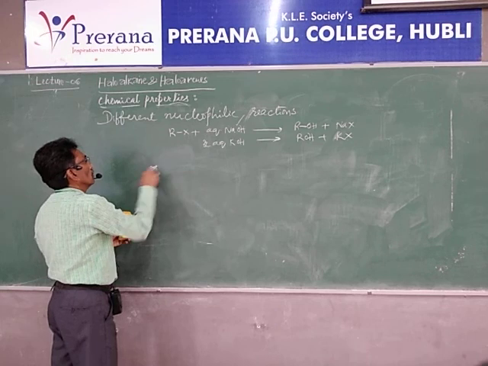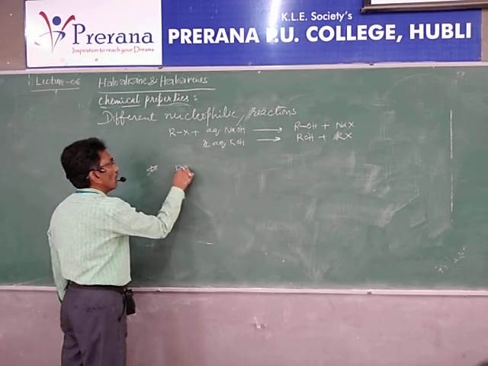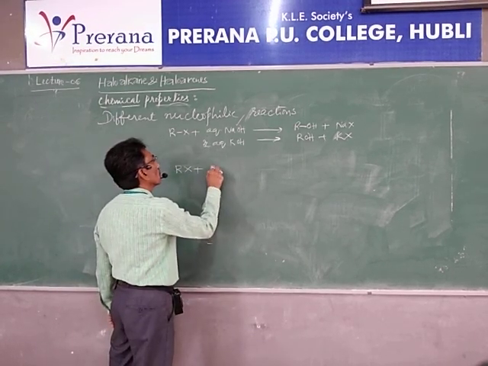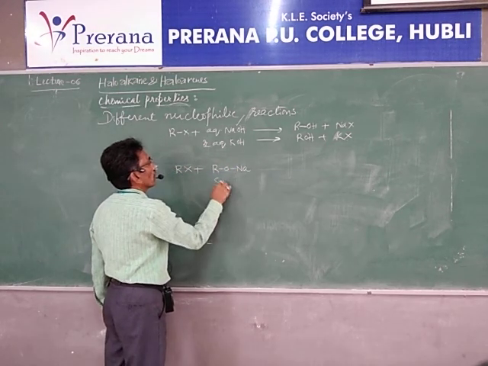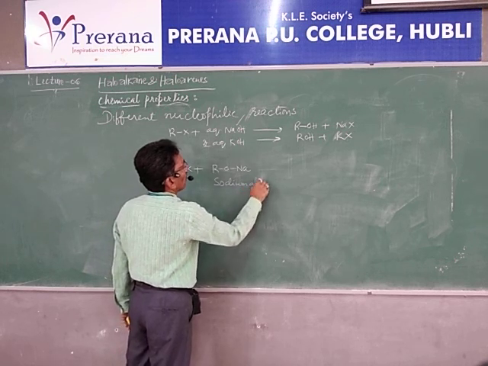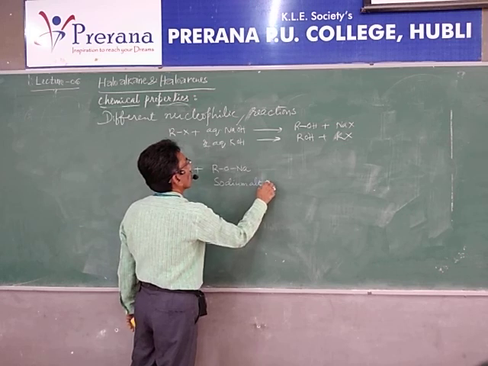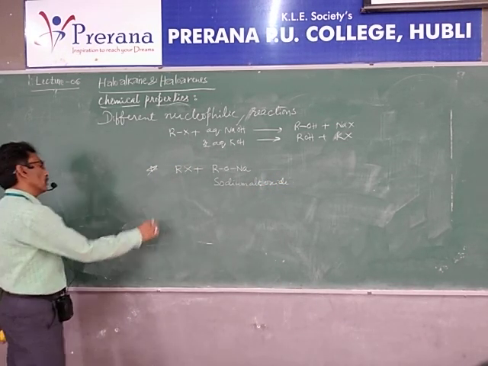Now, the well-known reaction here what I am going to give you is alkyl halide treated with sodium alkoxide, RONa. RONa is sodium alkoxide. Sir, how is it formed? Very simple.